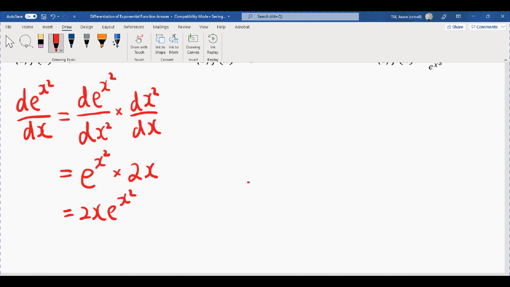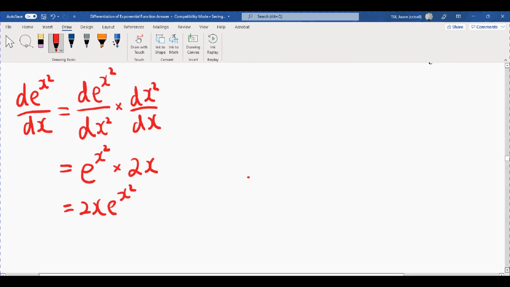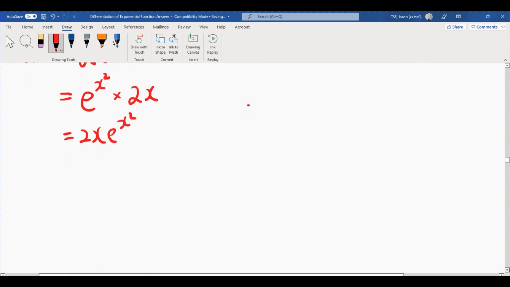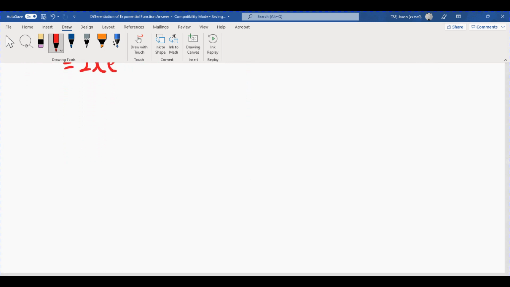How about if you want to speed up the process a little bit? It's essentially the same, but you just don't need to write the chain rule part of it. First of all, you rewrite the function.